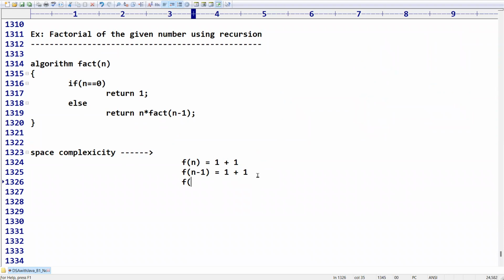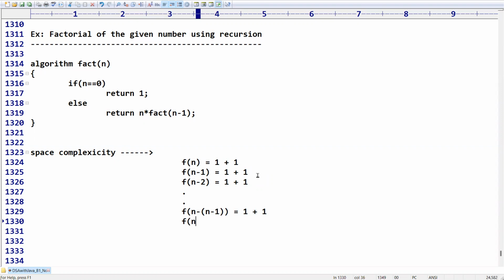Similarly, if you take n minus 2 also, the same one unit of space to store n minus 2, plus one unit of space to call the next one, and so on. Suppose if you take f of n minus 1, in this case, how many units? 1 plus 1 unit.